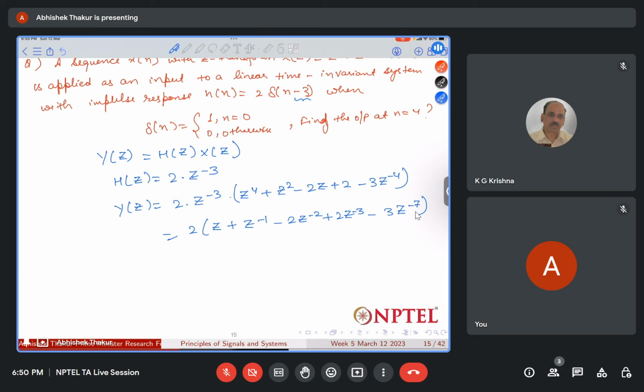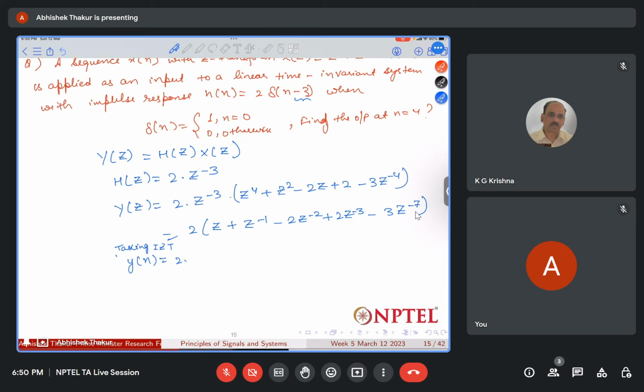So when we take the inverse Z transform of this, we will get y[n] equal to 2 into, for each term, z to the power of minus 1, minus 2, minus 3.